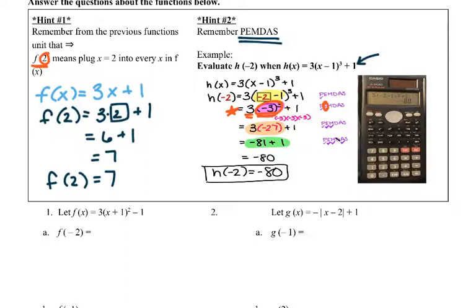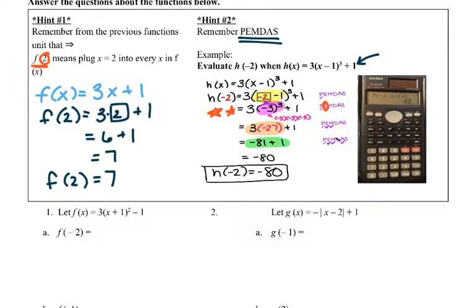So -3 times -3 times -3, which comes out to -27. And then we multiply it times 3, which is the coefficient, and then we add it to the 1. So just keep in mind, this step is usually where people make a mistake. Make sure that the exponent only belongs to the parentheses that it's surrounding.